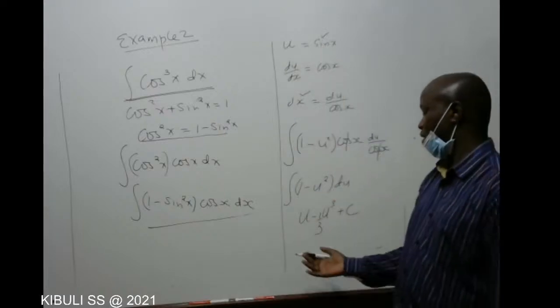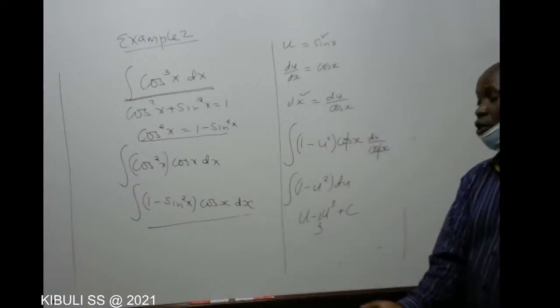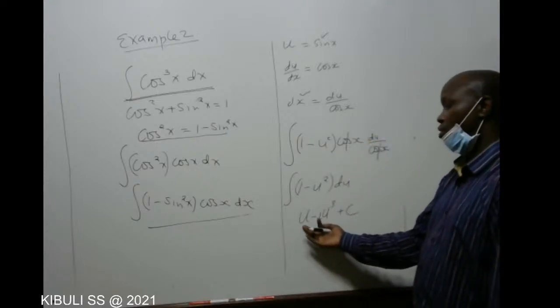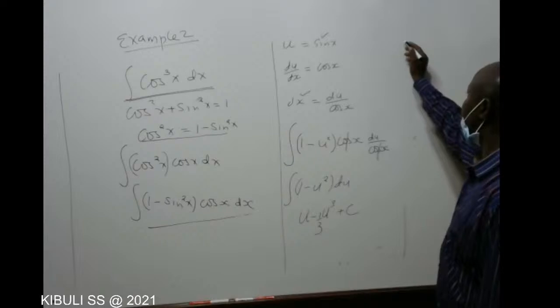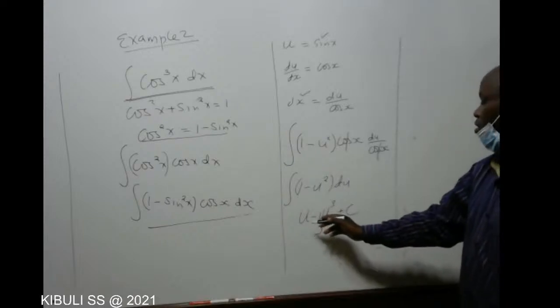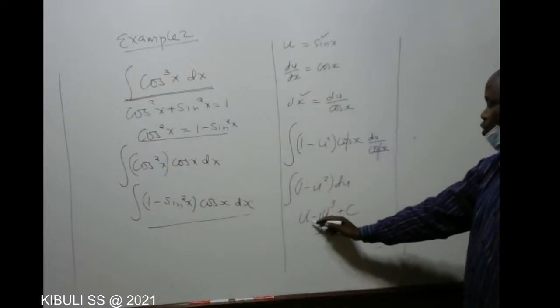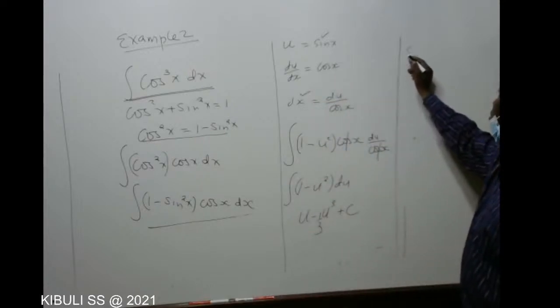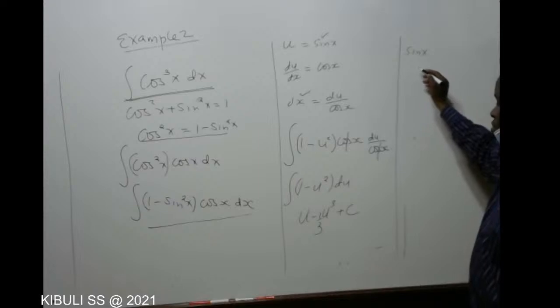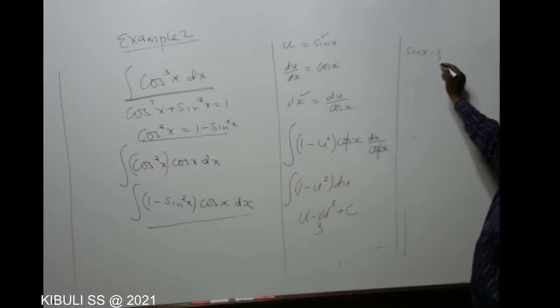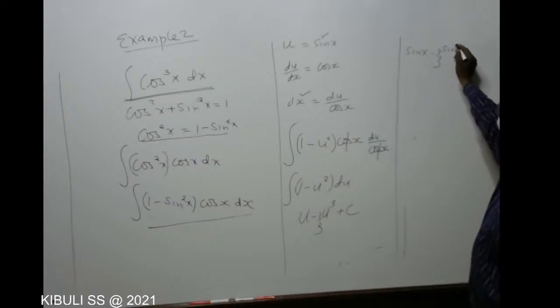So without wasting much time, you substitute for u. And that gives us finally that the integral of cos power 3 x dx is equal to sin x minus a third sin power 3 x plus c.